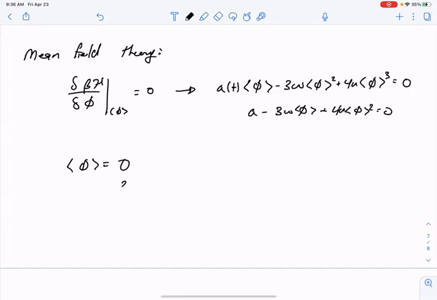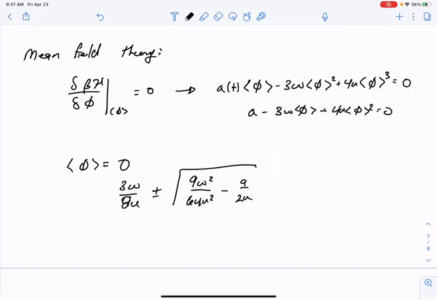That would give me 3w over 4, 8u, plus or minus the square root of 9w squared over 64 u squared less twice, like so.